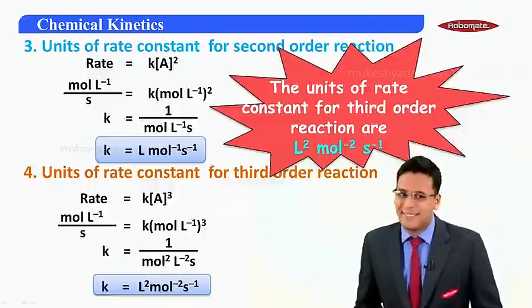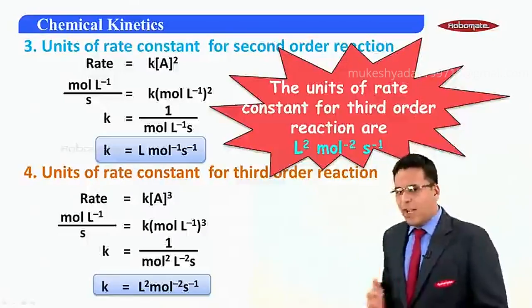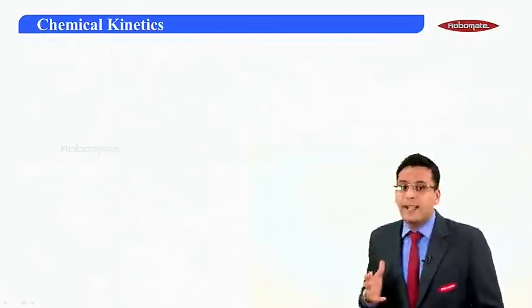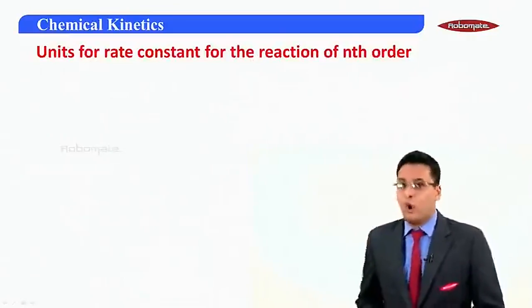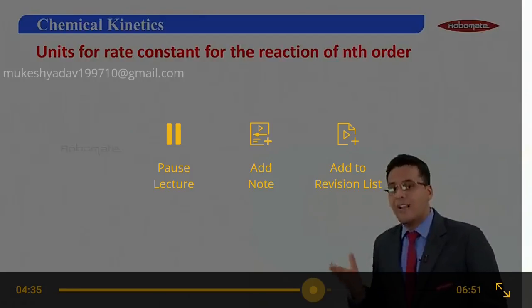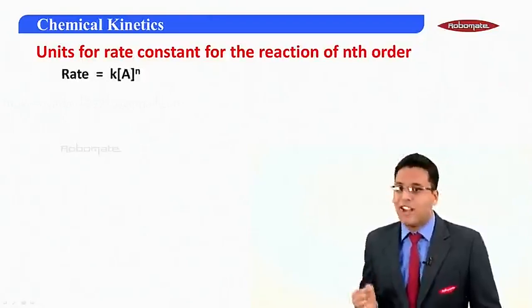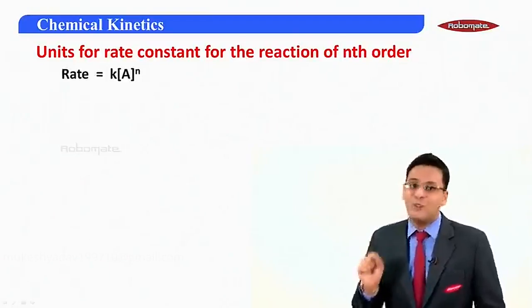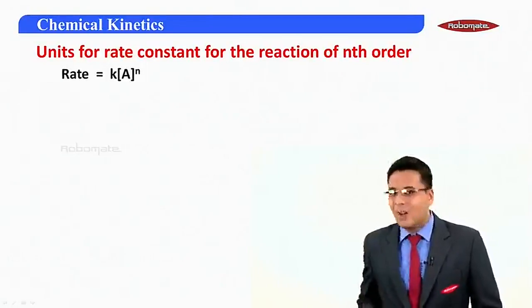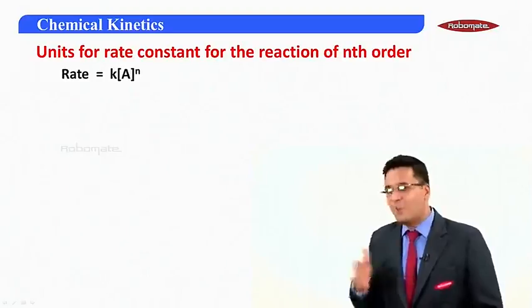In fact, what I can really do is I can write a general unit for any nth order reaction. So all you have to do is write the rate law expression for nth order, that is rate is equal to K into concentration of A raised to N. Now here, once again, write the units on both sides of the equal to.